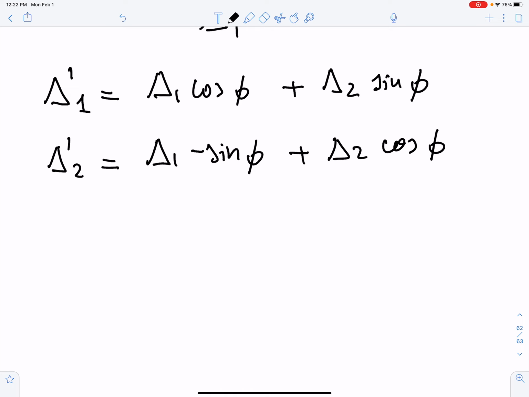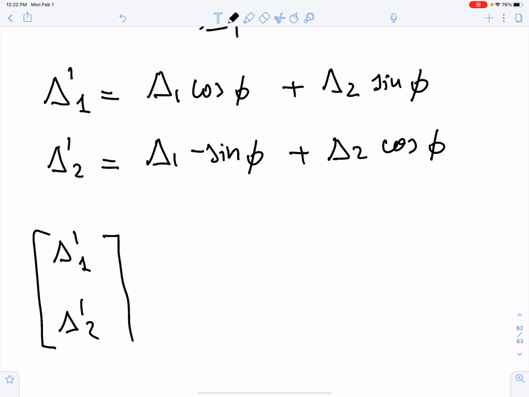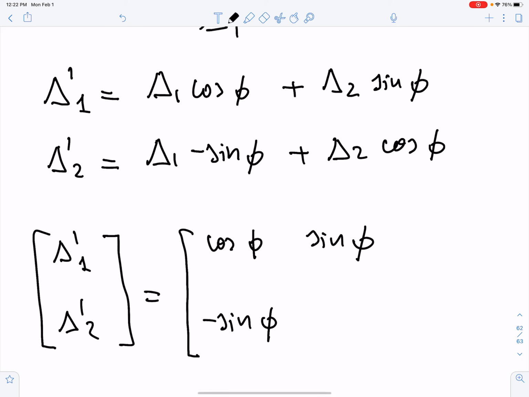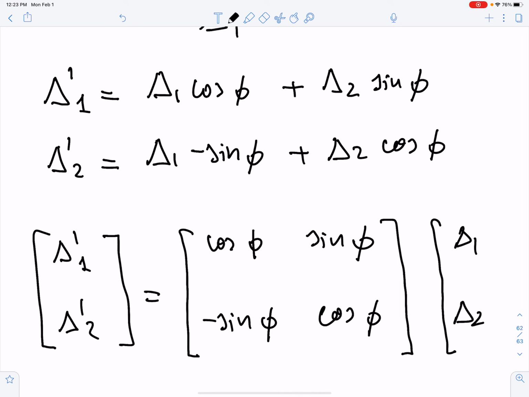So another way to write this would be: delta prime 1, delta prime 2 equals the matrix cosine phi, sine phi, minus sine phi, cosine phi, times delta 1 and delta 2.